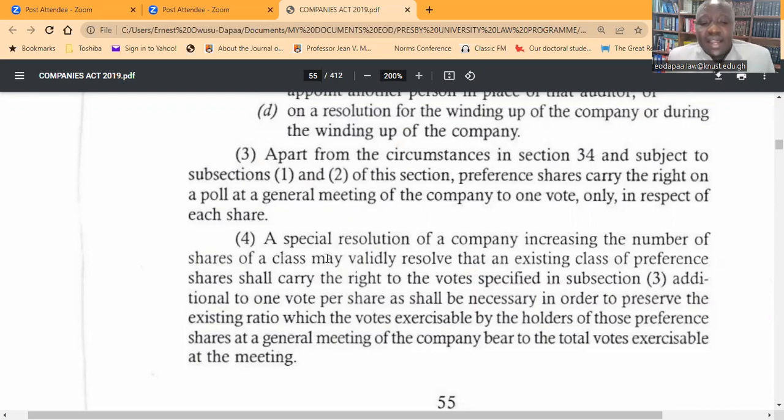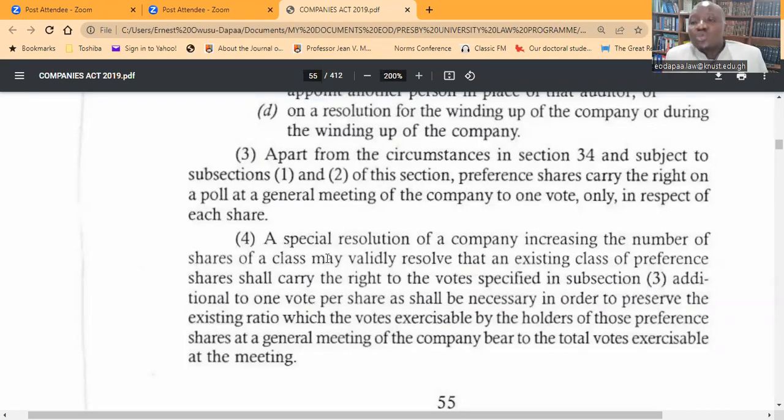If the need arises to, for example, increase the number of shares in the particular class, and you make the alteration, the point about subsection 4 is that you shall always ensure that the balance of votes between the totality of votes exercisable by that class vis-a-vis the total number of votes which may be cast during the company's general meeting is preserved.